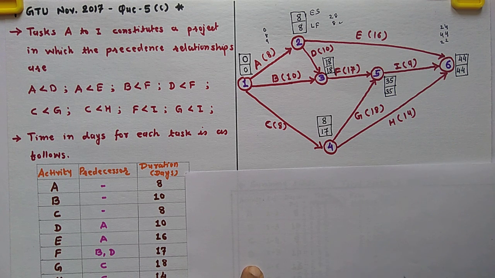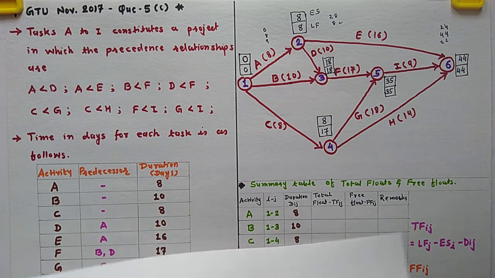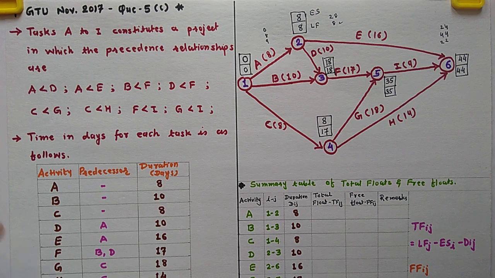Now you have to find out the critical path, but before that we will calculate the total float. To calculate the total float, we have to prepare a table like this.